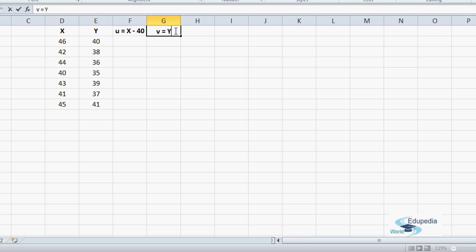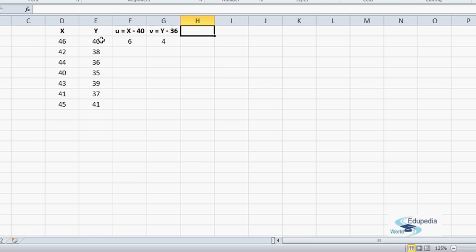Similarly for Y, let's take a middle value, say 36. Now let's calculate the values here. We'll have 46 minus 40, and here we will have 40 minus 36.